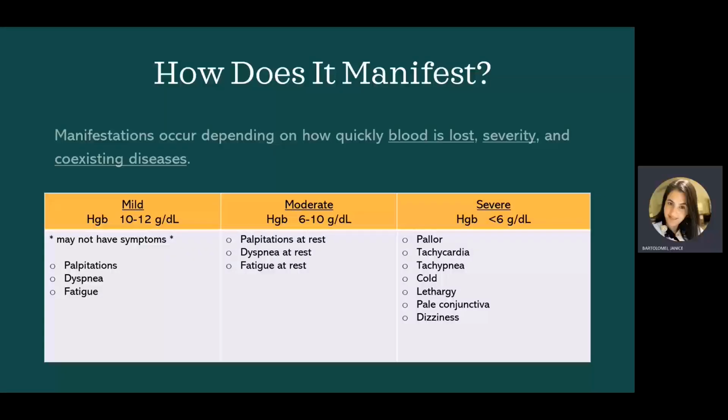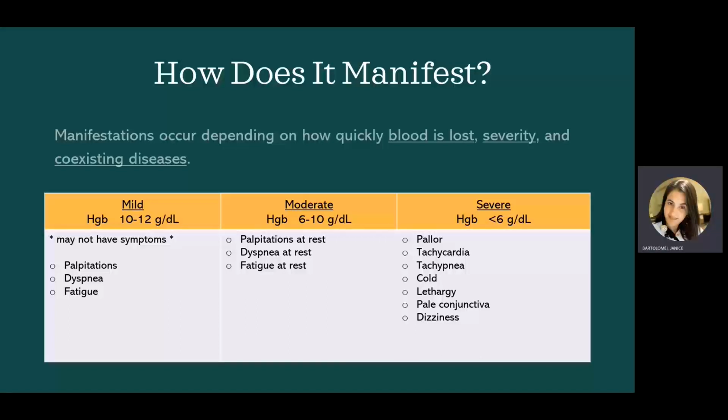So, how does anemia manifest? Honestly, manifestations depend on how much blood loss is happening, or the severity of the blood loss, like how quickly it occurs. And then any other coexistent diseases that the person might experience.